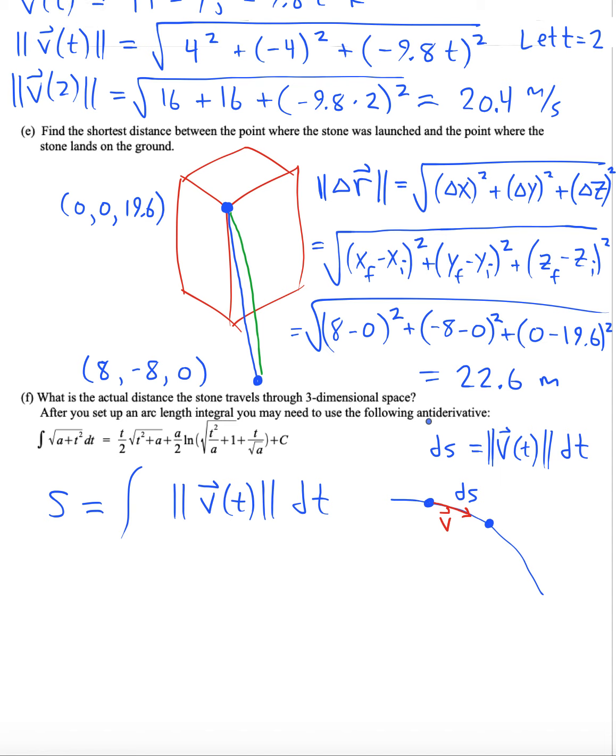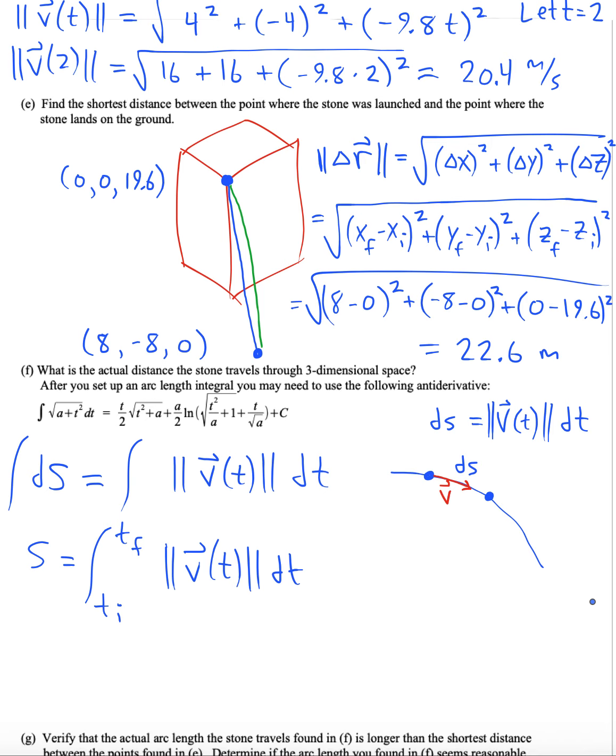So if we integrate both sides of the equation, that's how we find the arc length. But we have to go from some initial time to some final time. Luckily, we already found a formula for the speed. So let's go ahead and plug that in. We're going to go from t equals 0 to t equals 2.